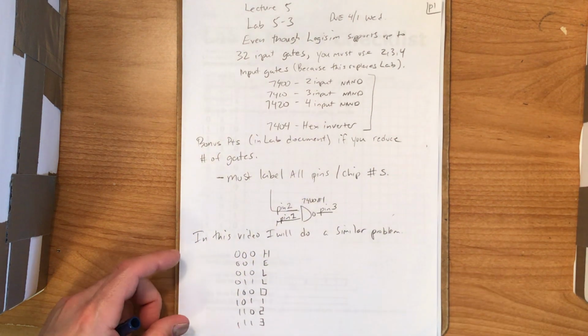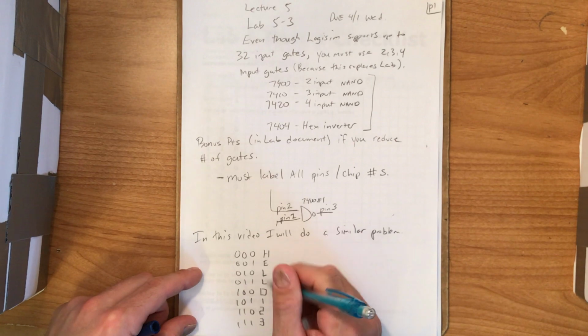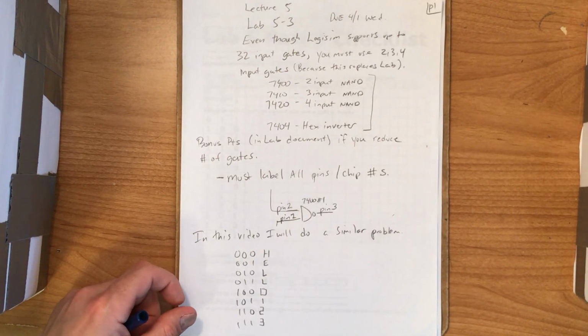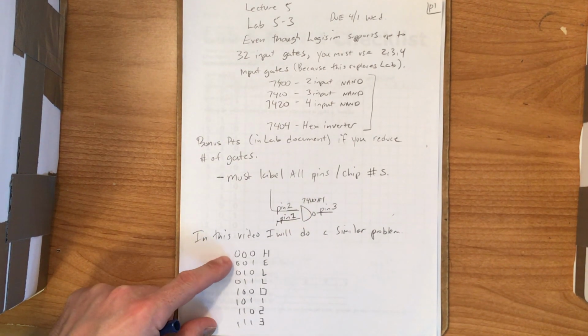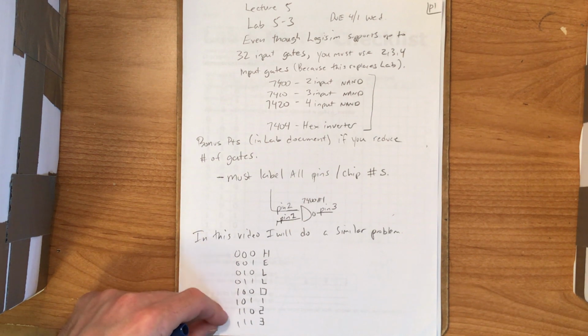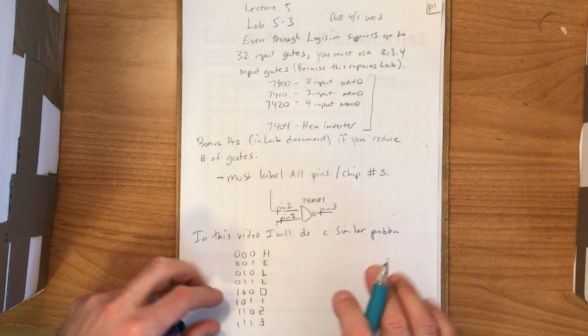I'm going to do a different problem than the one in the lab. I'm going to do hello 1, 2, 3. That's what we're going to display as we count through these values on our switches or our inputs.